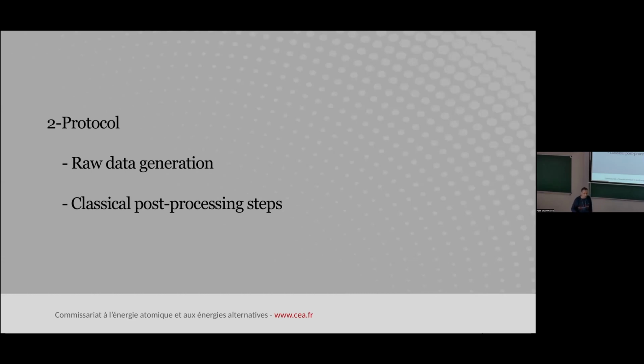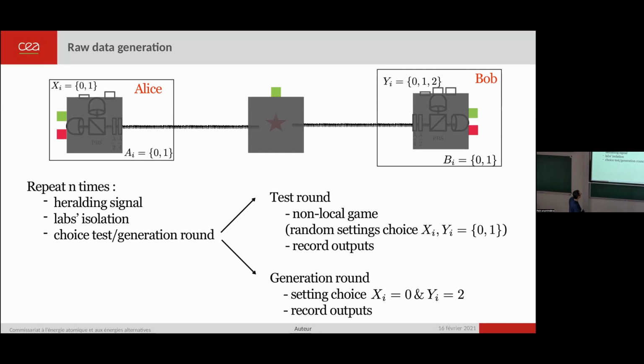The quantum part is essentially to generate a state, isolate the labs, make sure that no information can come out from there, and perform a measurement. This has to be repeated a number of times to generate the raw data.